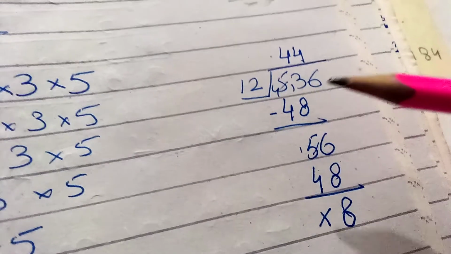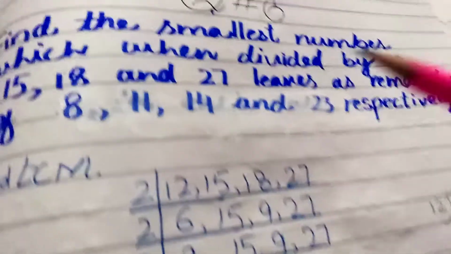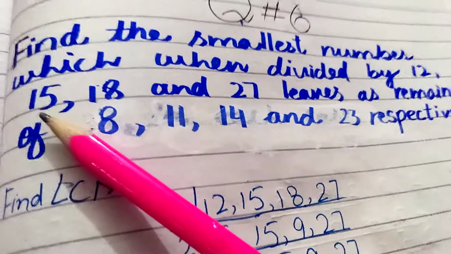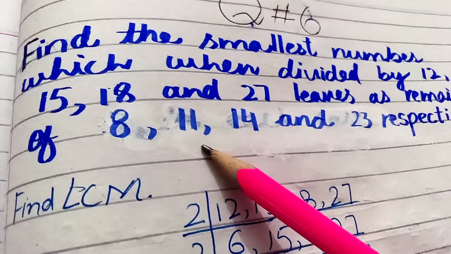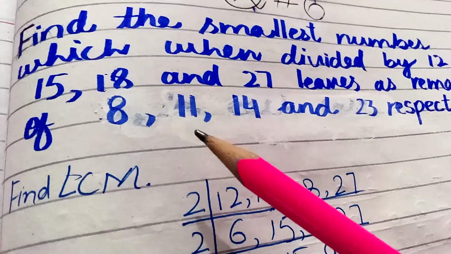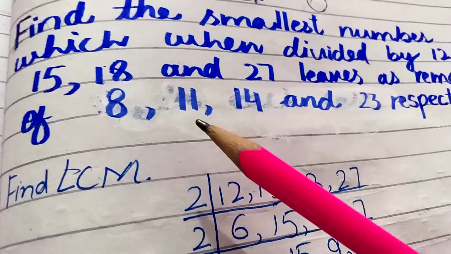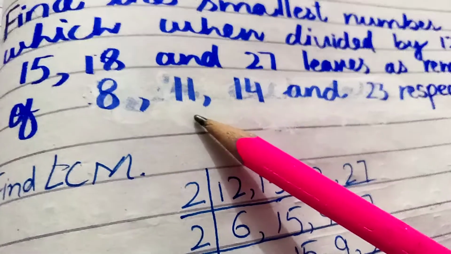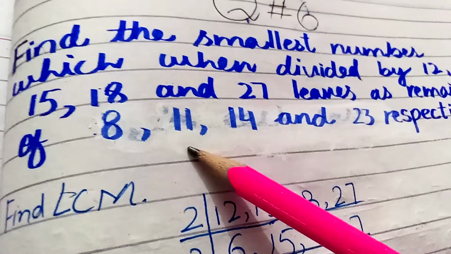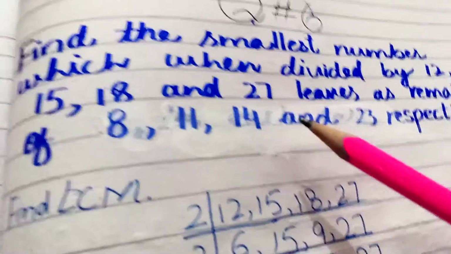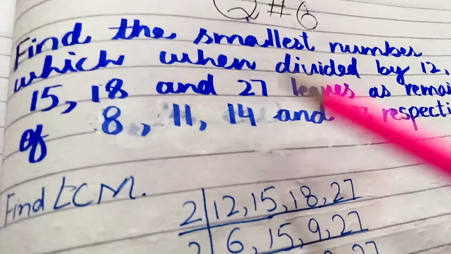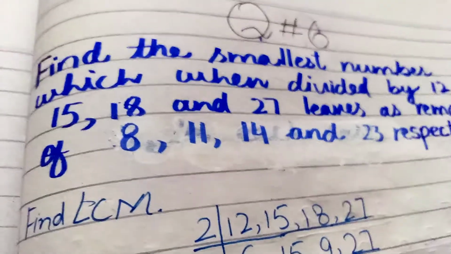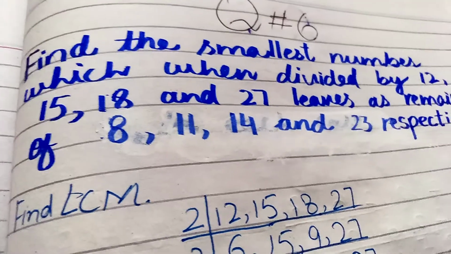If I divide 536 by 15, the remainder will be 11. Now it's your task to divide 536 by 15, and you will realize that the remainder is 11. Similarly, when you divide 536 by 18, the remainder will be 14. And when you divide 536 by 27, the remainder will be 23.